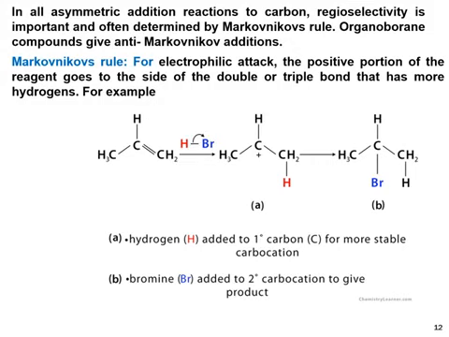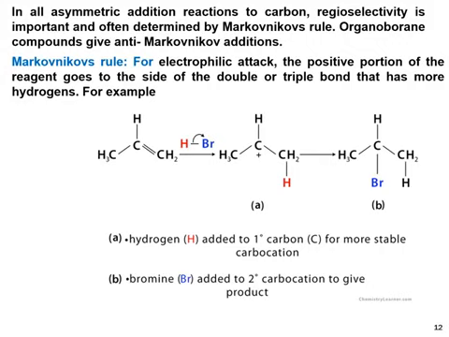But the secondary carbocation is more stable through hyperconjugation as compared to the primary carbocation. So secondary carbocation formation will be preferred. So the Markovnikov rule favors the formation of the secondary carbocation.